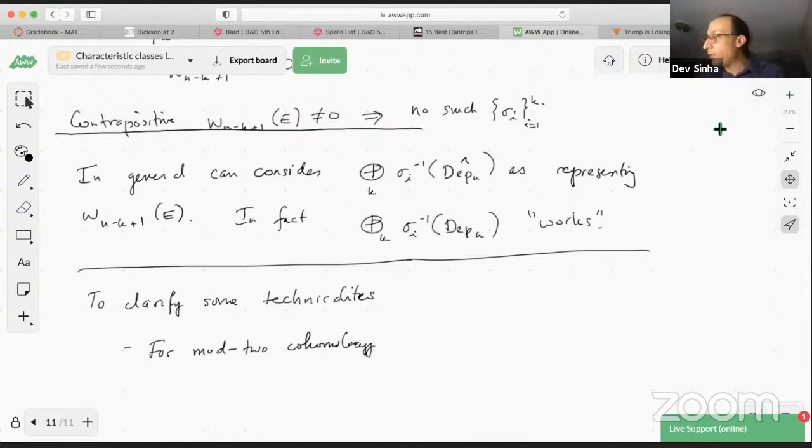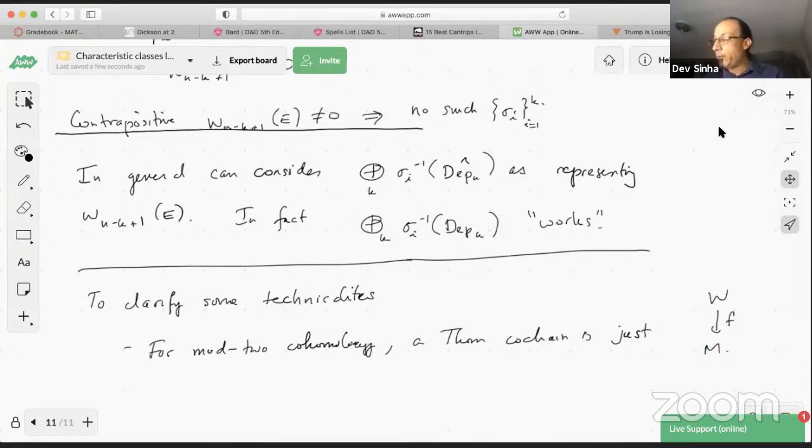For mod 2 cohomology, we can dispense with the embedding, and a Thom cochain is essentially just some manifold mapping to M properly. Let me say a little bit more about why.